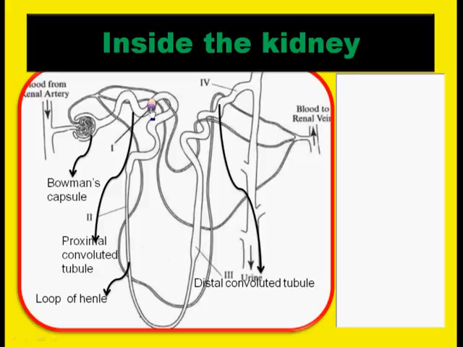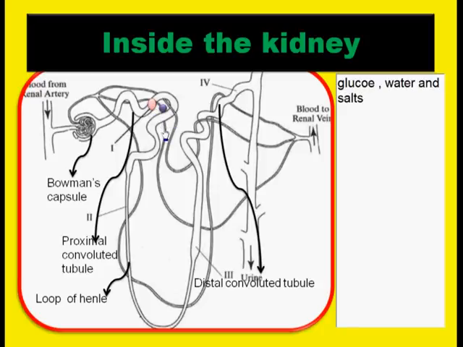Alright, you might be wondering what this purple substance represents. Now this purple substance represents glucose, water, and salts. Notice what happens? The glucose, water, and salts move from the what?